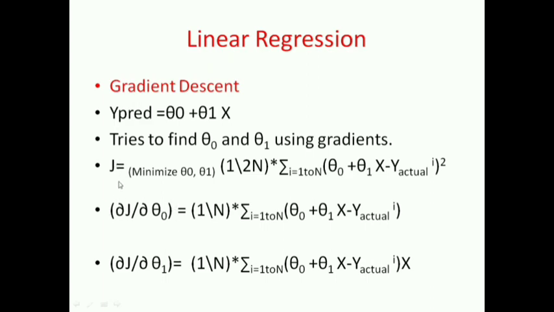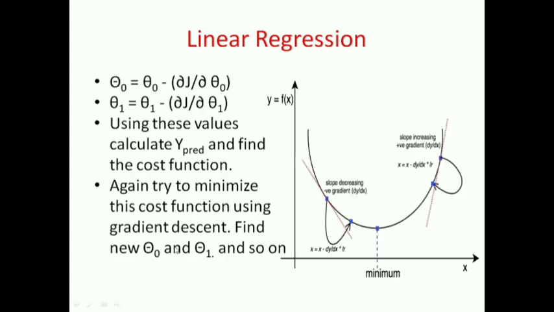Like take partial differentiation of J with respect to theta naught and partial differentiation of J with respect to theta 1. And these are the equations of this partial differentiation. These partial differentiations are called gradients with respect to theta naught and theta 1 respectively. So let us see what this partial differentiation looks like and how it actually works.